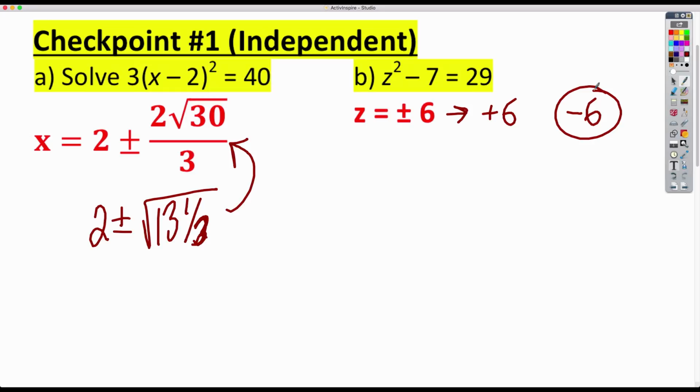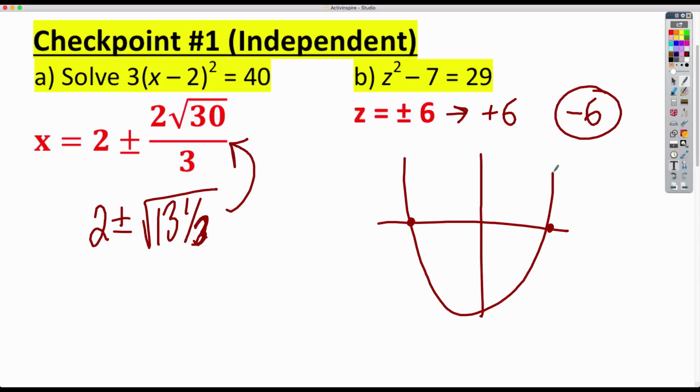Think of it this way. If we saw a graph of this, then it should cross at negative 6 and positive 6. It's going to open up, so it should go something like this. If you only tell me 6, you're telling me that the graph goes something like that. That's totally different. So you need to be clear about what you're doing, okay?